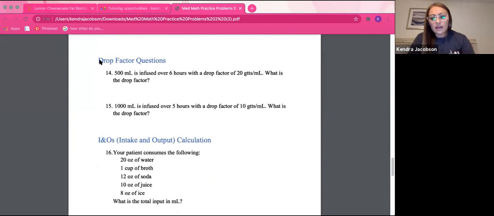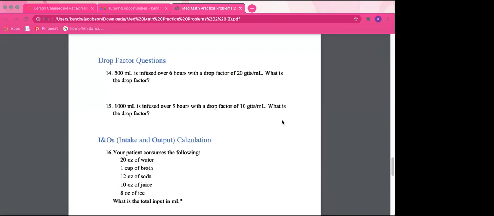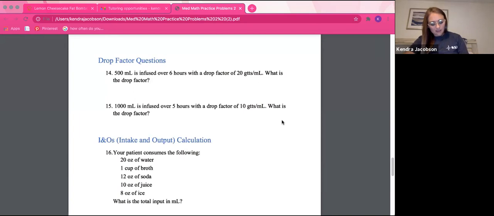So remembering these conversion factors, can someone tell me how many milliliters are going to be in those 12 ounces of water? I mean 20 ounces. Did I say 12? I meant 20. 30 milliliters per 1 ounce. Yep, there's 30 milliliters per ounce.